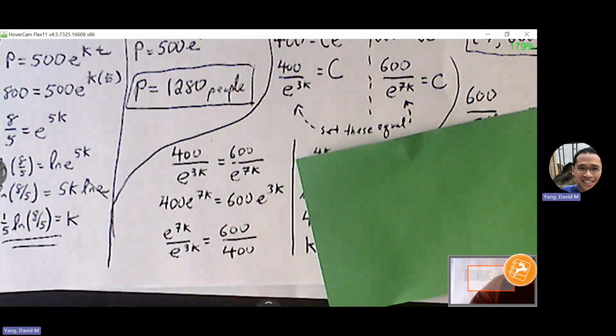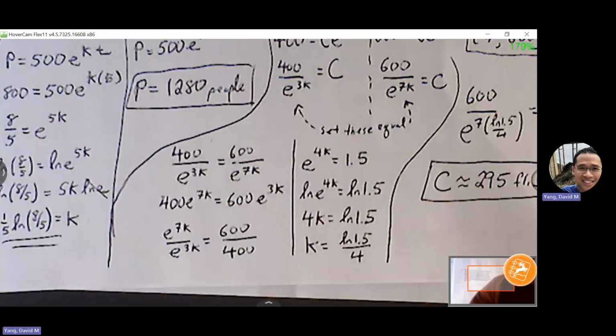If I cross multiply, I get 400 e to the 7k equals 600 e to the 3k. Let me put the e's together and the constants together. Remember, if I'm dividing bases, I can subtract exponents, right? e to the a over e to the b equals e to the a minus b. So that gives me e to the 4k equals 1.5.